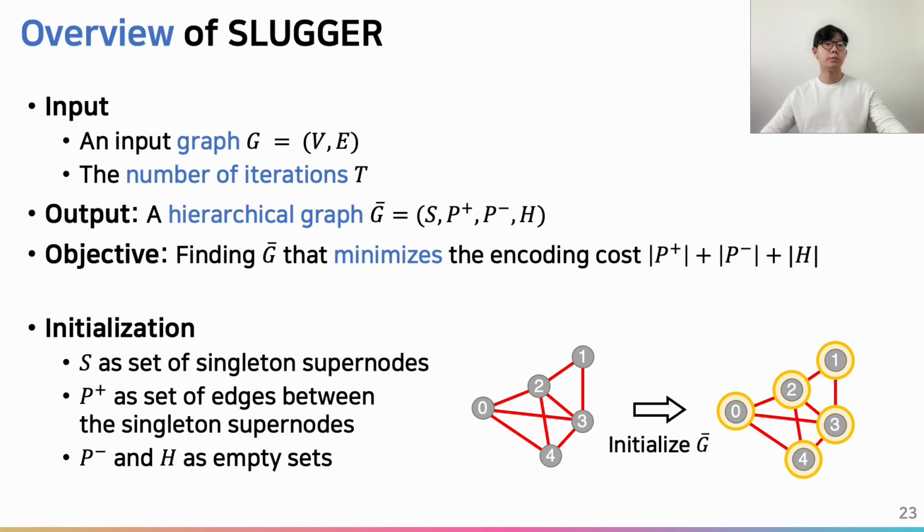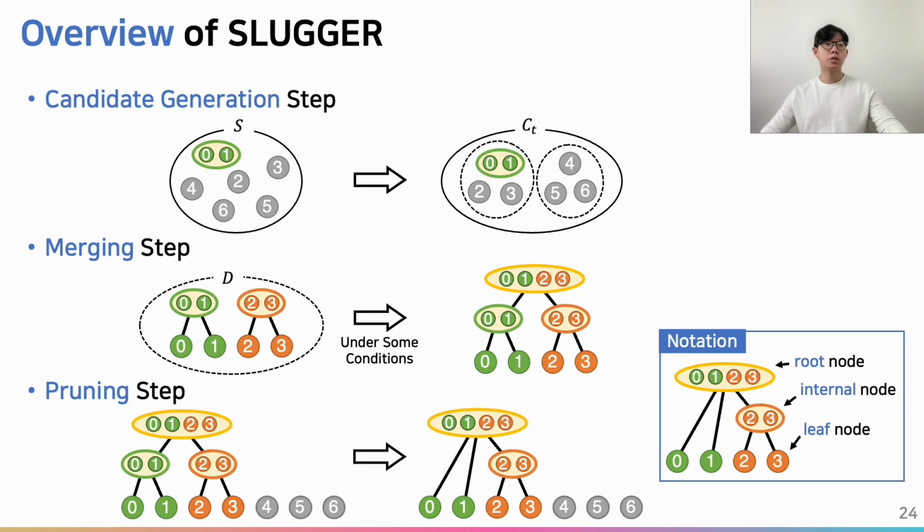SLUGGER repeatedly merges supernodes and updates their encoding at the same time. To this end, SLUGGER runs the candidate generation step and the merging step alternatingly. The candidate generation step reduces the search space, and the merging step selectively merges nodes if the encoding cost is reduced.